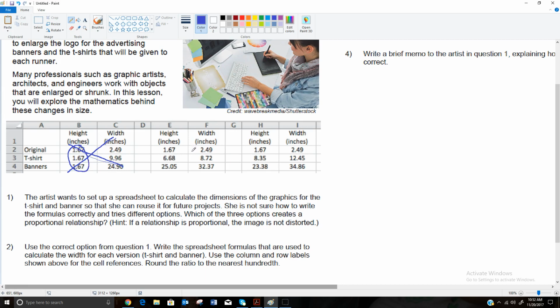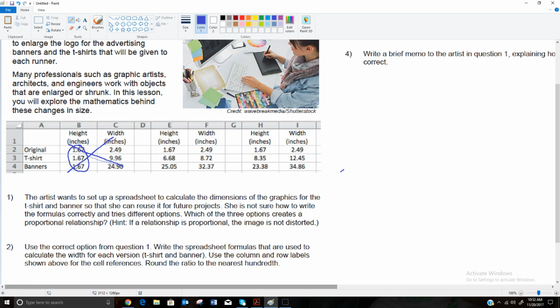So now we're going to check the next one. So we've gone from 1.67 to 6.68 to 25.05, and then from 2.49 to 8.72 to 32.37. Now, they have definitely in this column increased the height and the width, so at least it's a possibility that this one might be right. So how do we check that it's correct? And there's a couple different ways we can do it, and you kind of need to decide what works for you and what you like.